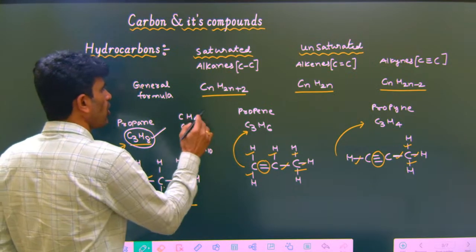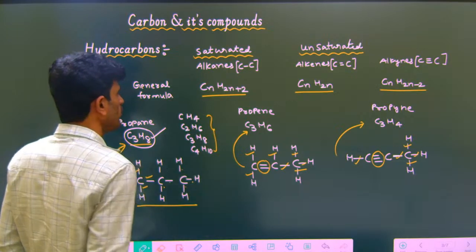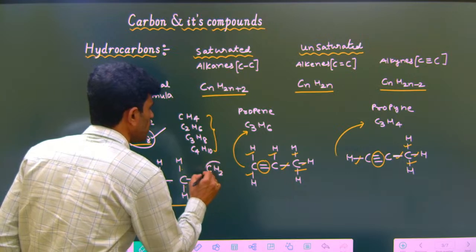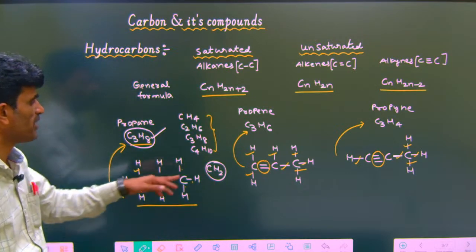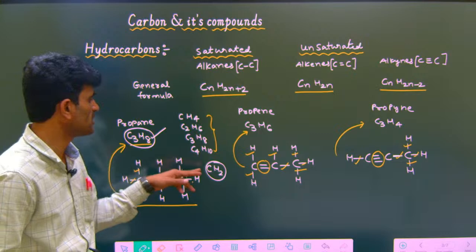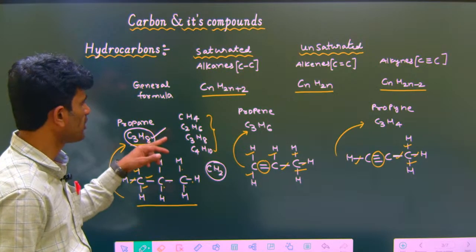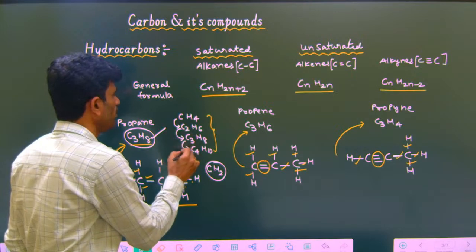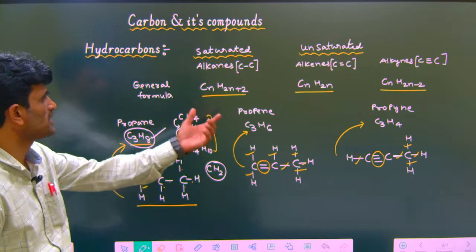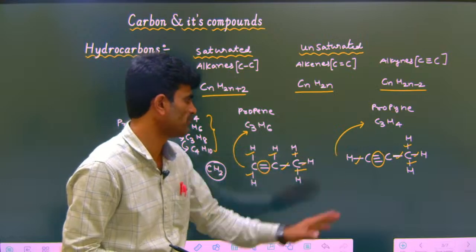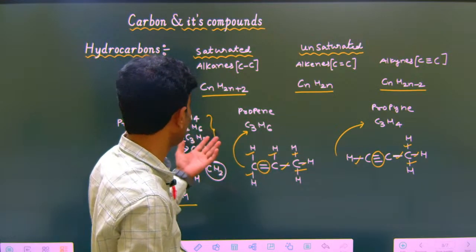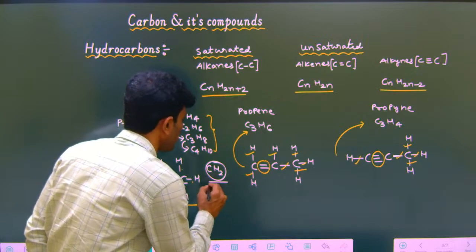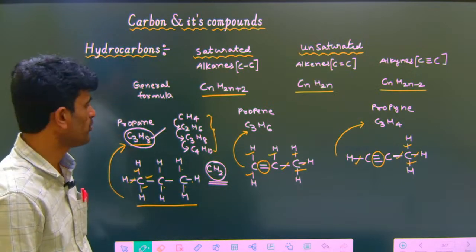If you observe all these molecular formulas, there is a difference of one carbon and two hydrogens, that is CH2, between each successive member of the alkanes, alkenes, or alkynes. Whatever you take, the difference is CH2.